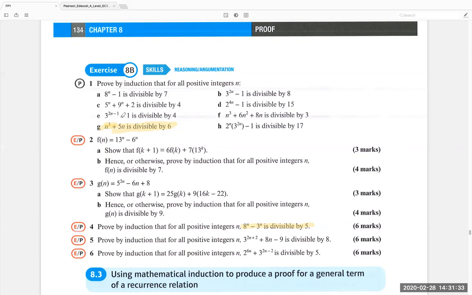Sir, when we say at the start, let Pn be the statement, do we have to write down divisible by 6 as well? Yes, yes. You need to write, let Pn be the thing I highlighted.